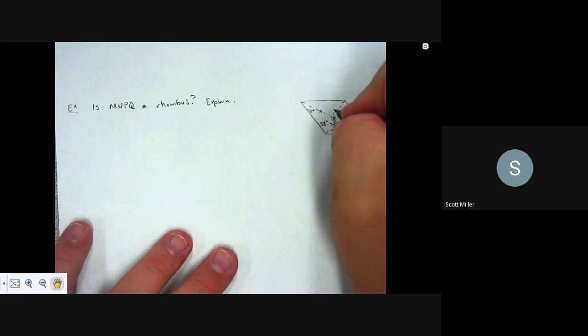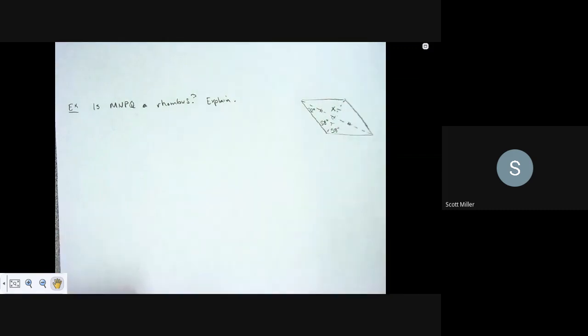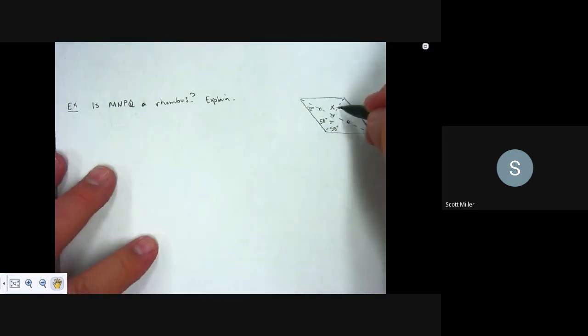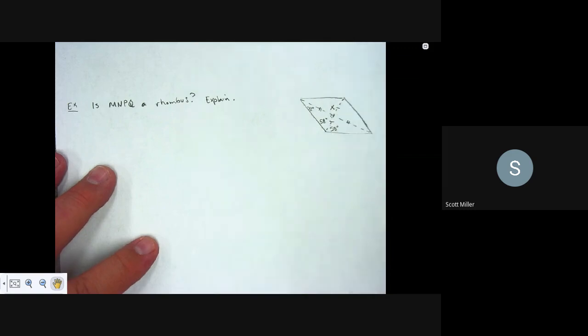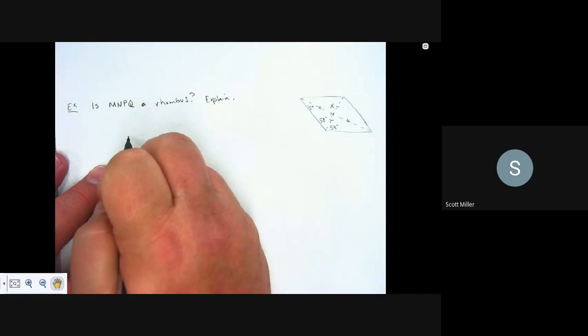I label this point of intersection right here as X. Actually, I didn't know it was 90 degrees in this picture, but I can look at this thing right here. These are bisected, from these marks right here. I'm going to show that that's 90 degrees by saying, okay, I know the sum of the angles of a triangle is 180.